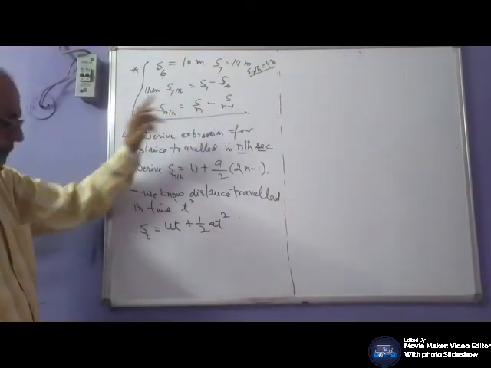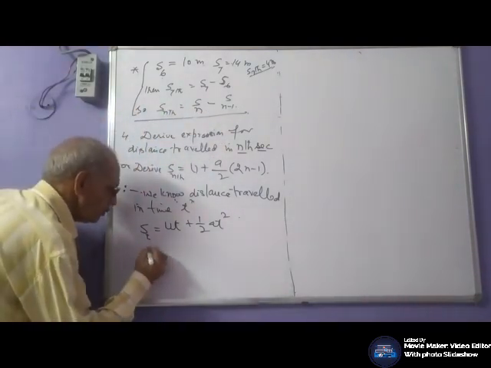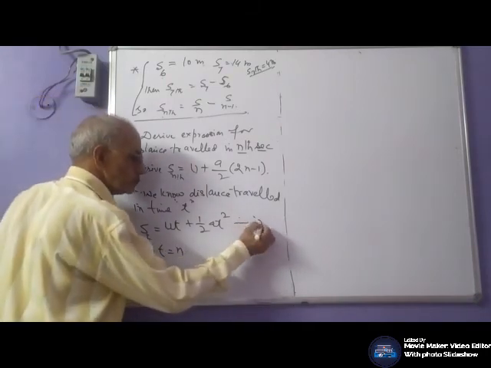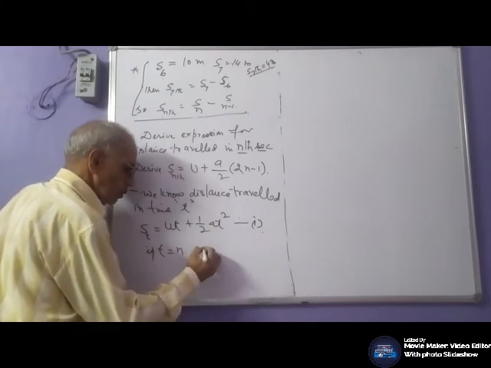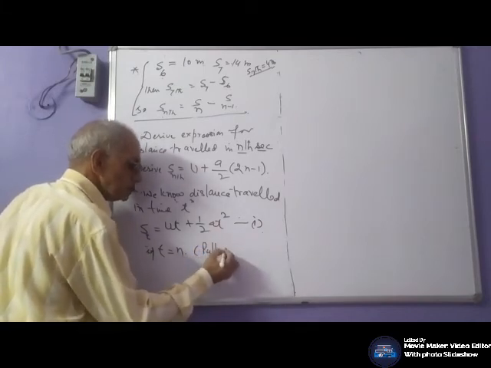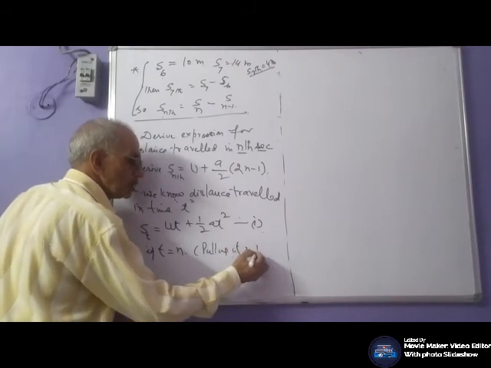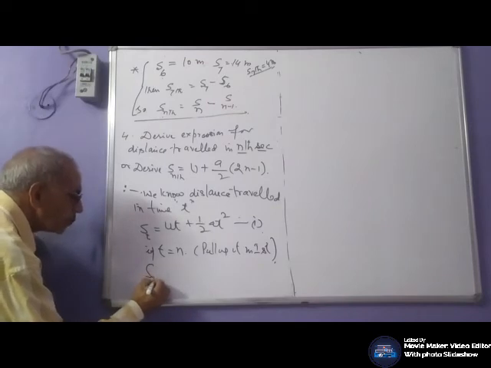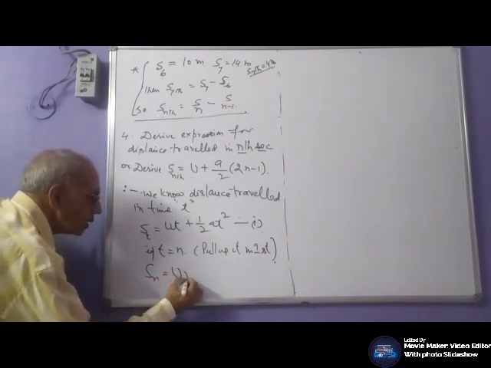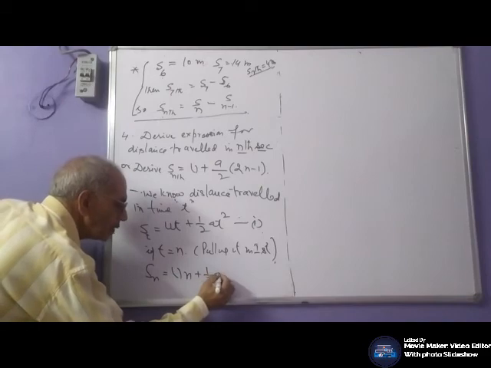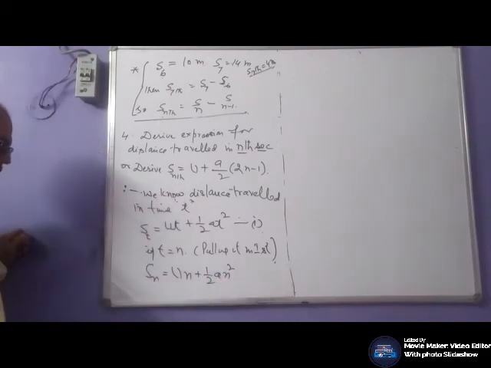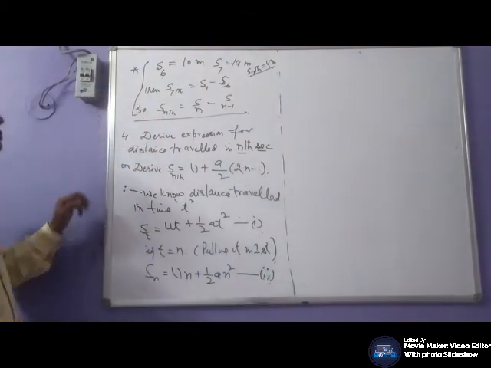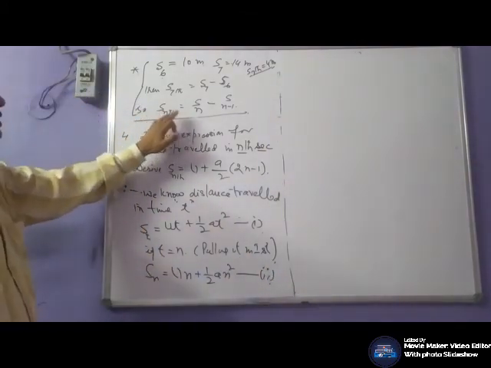Time n. If t is n, putting it in first, Sn equals un plus half an square. ये निकालना है, ये चाहिए था.